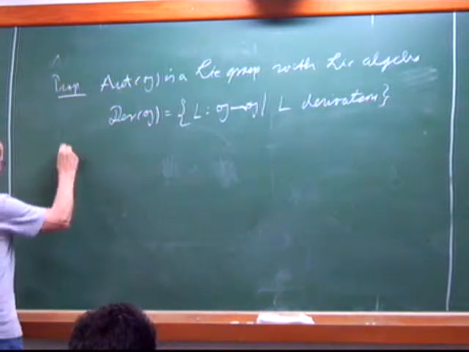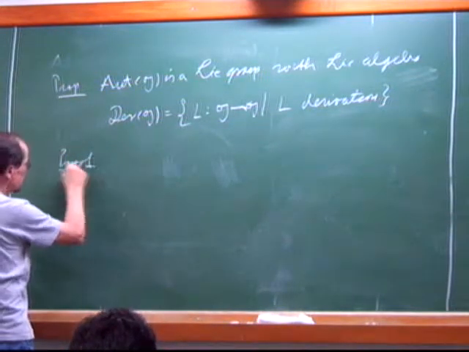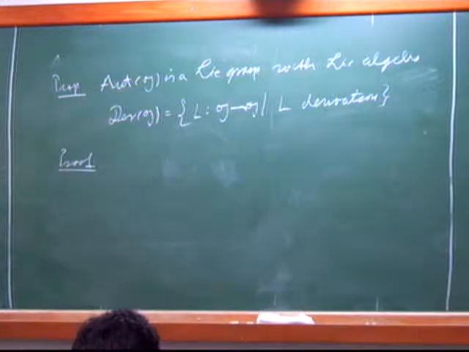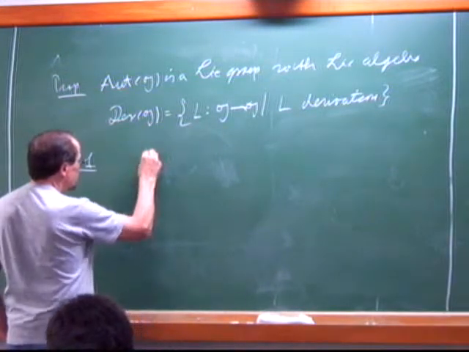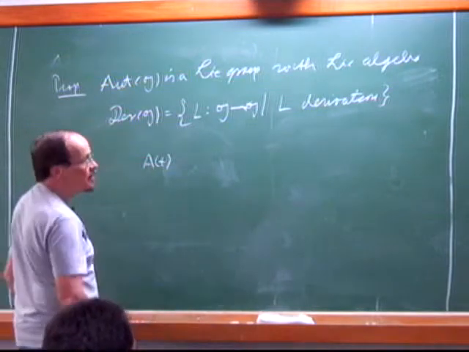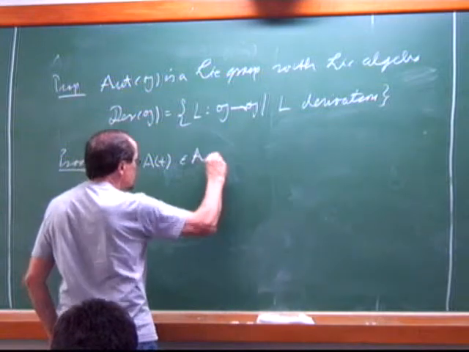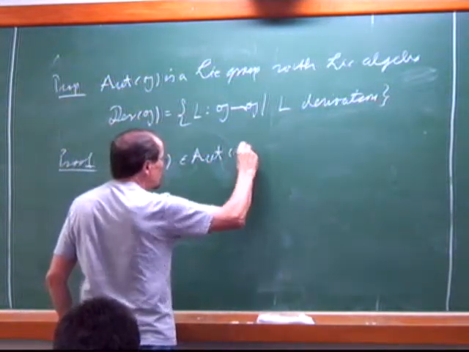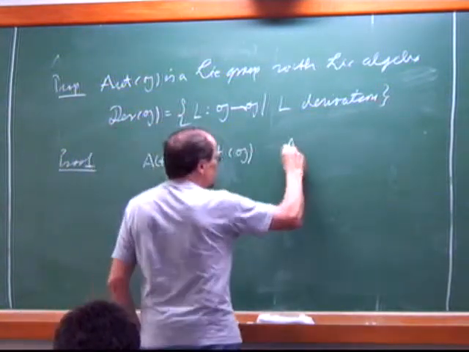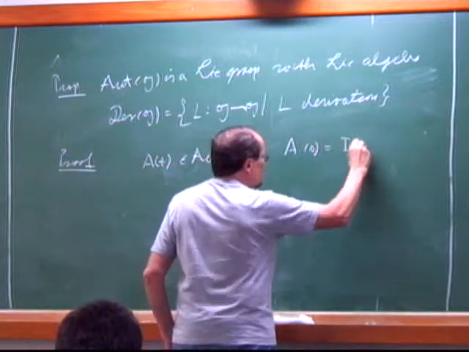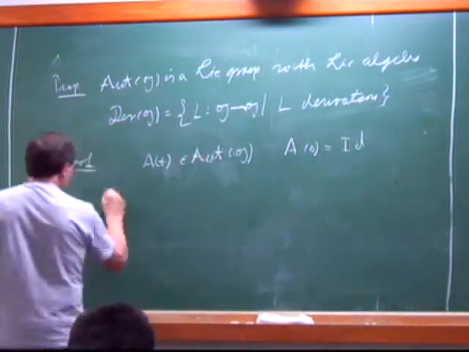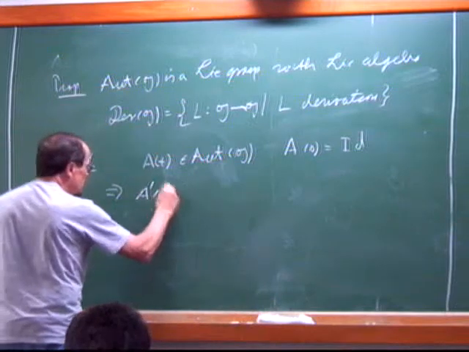So the proof is kind of one direction is what I just said. In the other direction, I have to think about it a little bit. If I take a path A(t) inside Aut(g) with A(0) equal to the identity, then I claim that the derivative is a derivation.